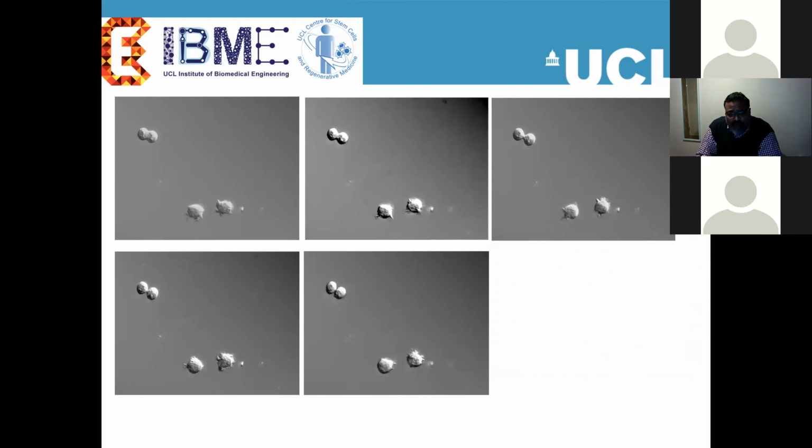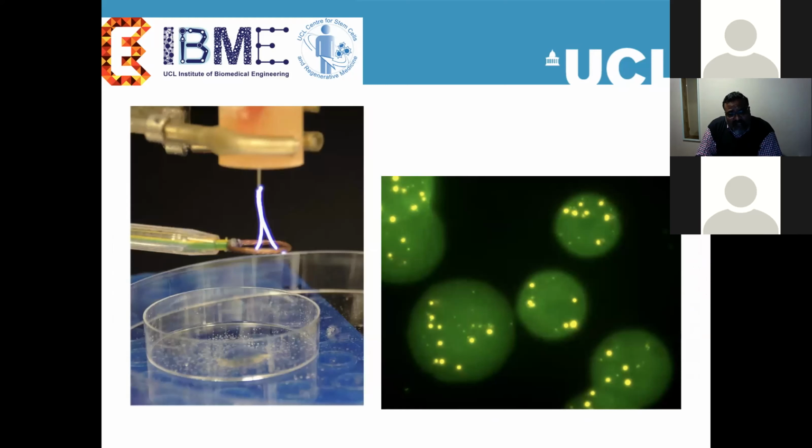I'll explain why, in electrosprays, we use a voltage of about 10,000 to 20,000 volts and why cells don't die. I'll explain that next. You can see these cells, Jurkat cells, undergoing mitosis after spraying. We increase the applied voltage even more, and you can see sparks flying between the ground electrode and the needle, and yet the cells are not dying.